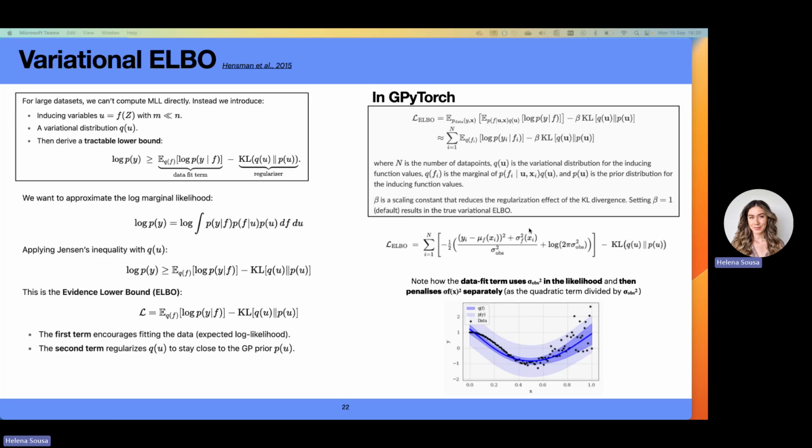If we look at this term inside, the data fit term, we can see that the observation noise, sigma observation, is used here in the likelihood, and then it penalizes the actual variance of the model separately here, since it's divided by the observation noise.